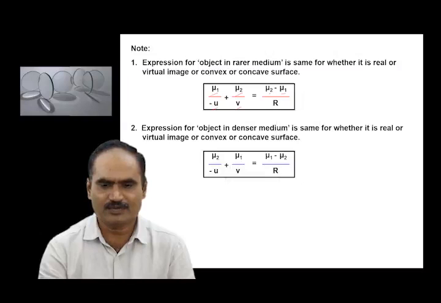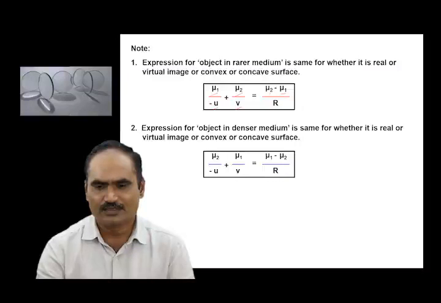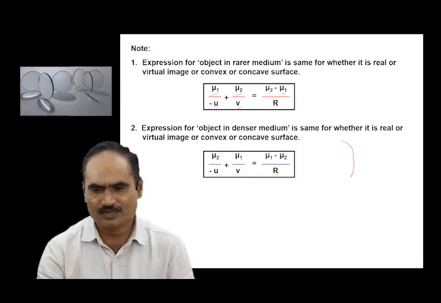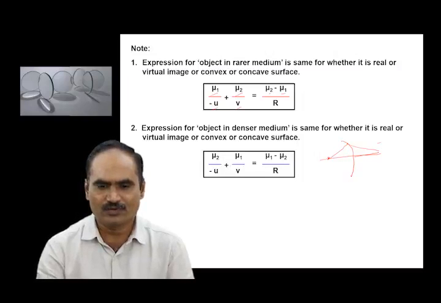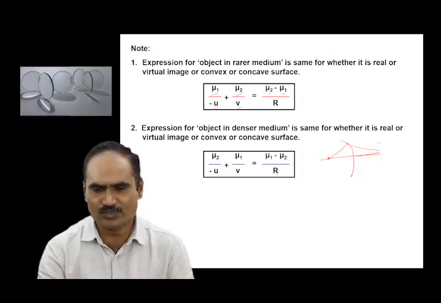Right? Here also same thing, you can see this, because in this case the object is inside this. So here is the object, it forms either a real or a virtual image. Therefore, here this is mu2 and this is mu1.